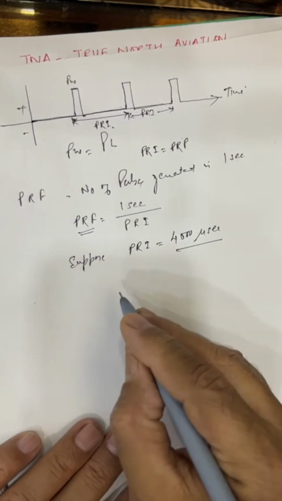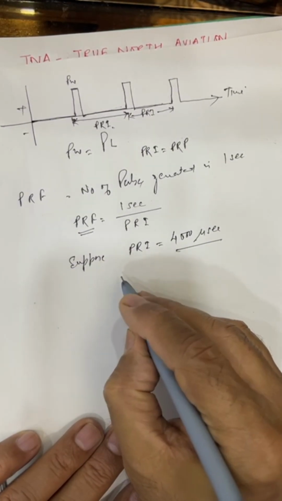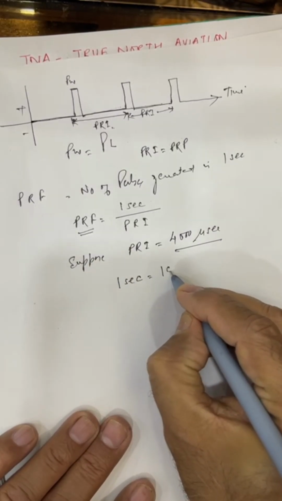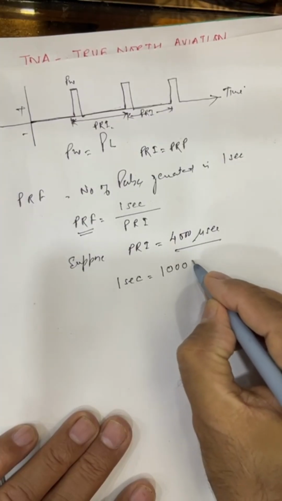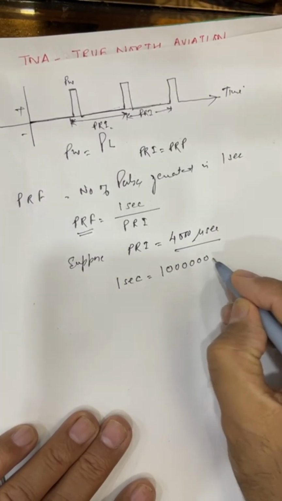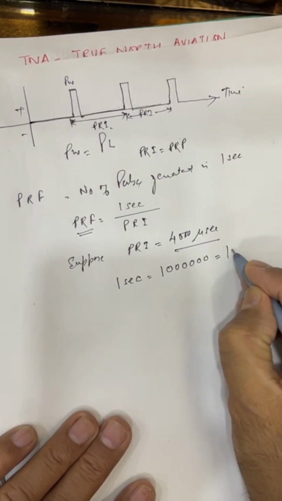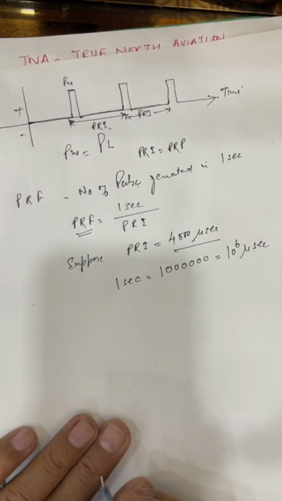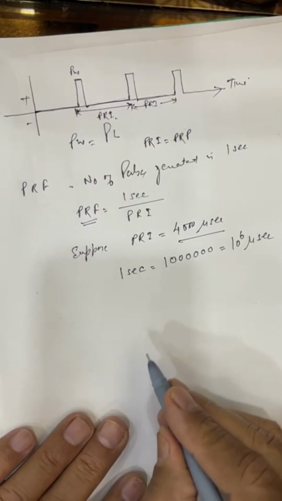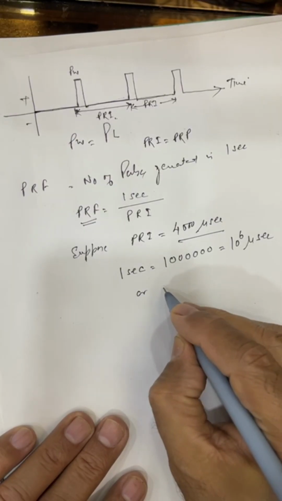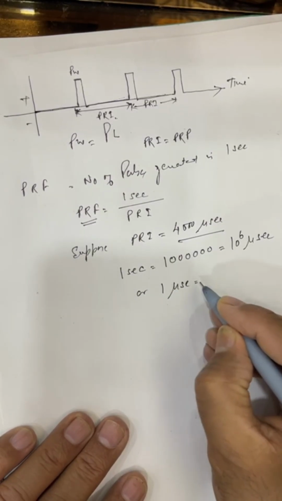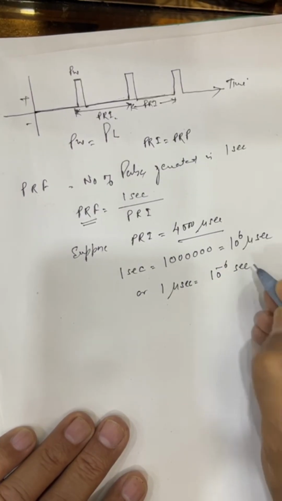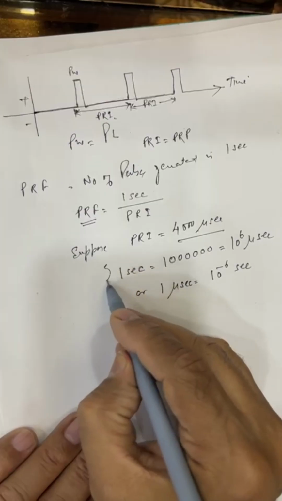We should know microsecond. 1 second is equal to 10 raised to the power 6 microsecond, or 1 microsecond is equal to 10 raised to the power minus 6 second. This you have to remember.